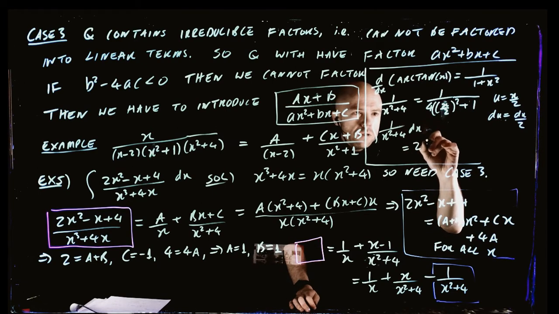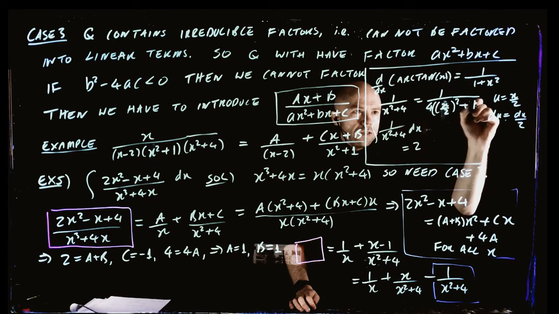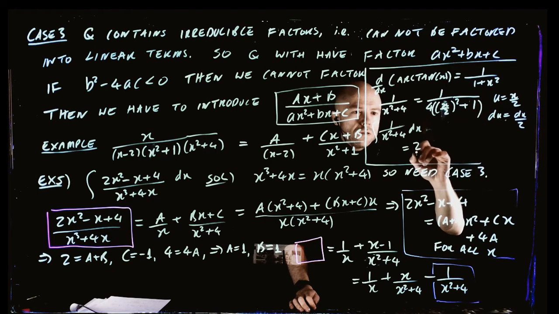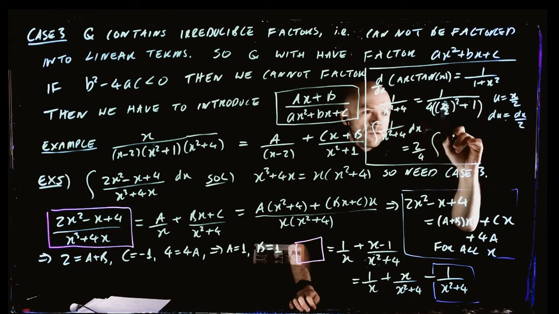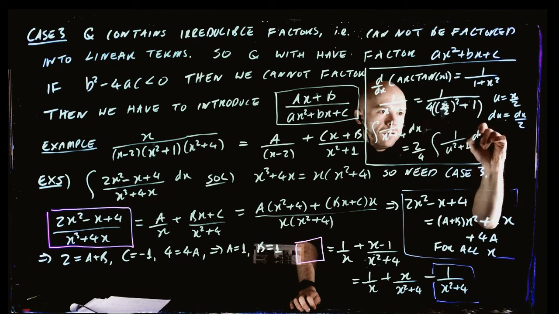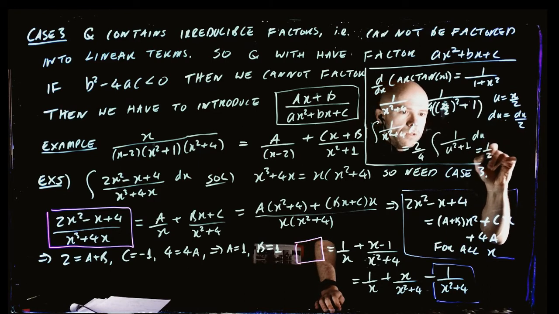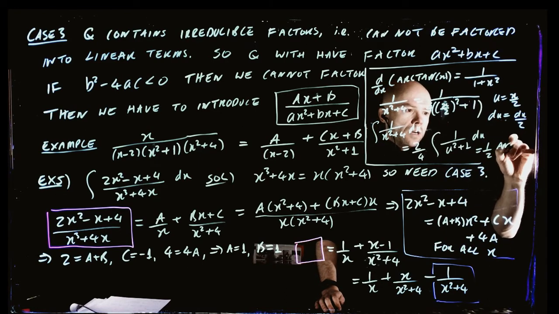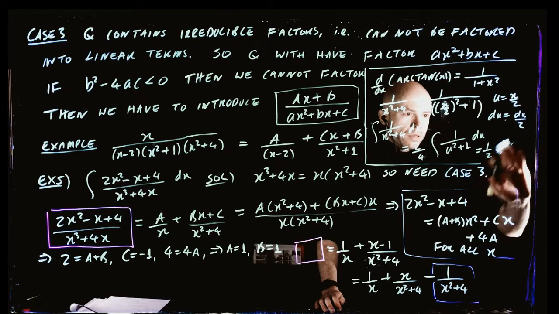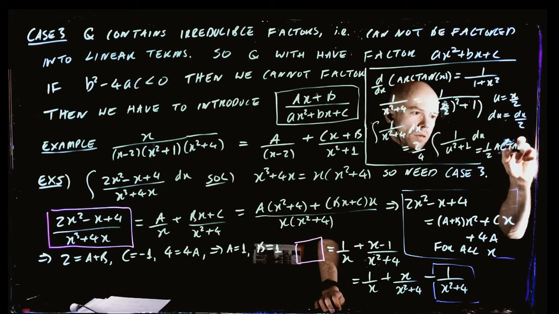2. And we factored out this thing over 4, the integral of 1 over u squared plus 1 du, which goes 1 over 2 arctan of u.